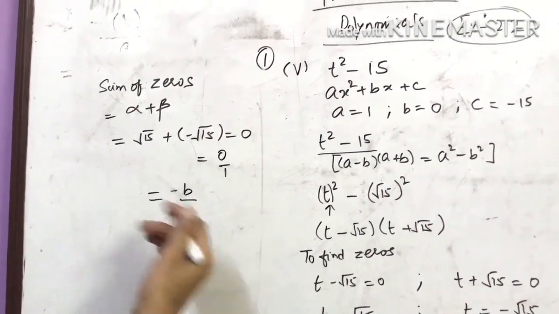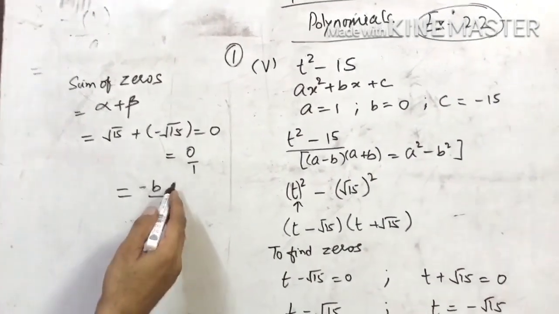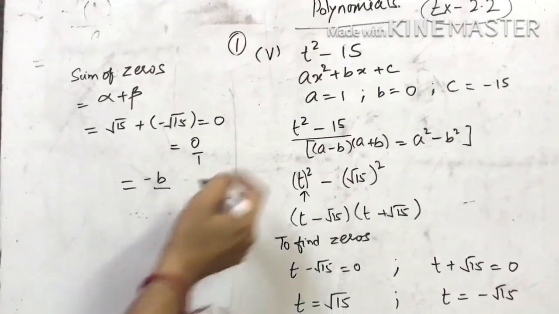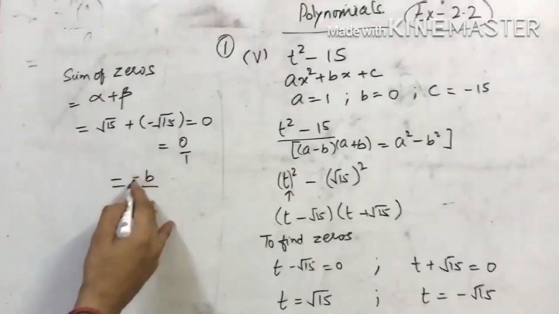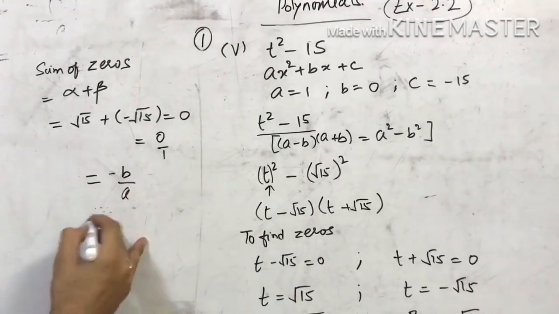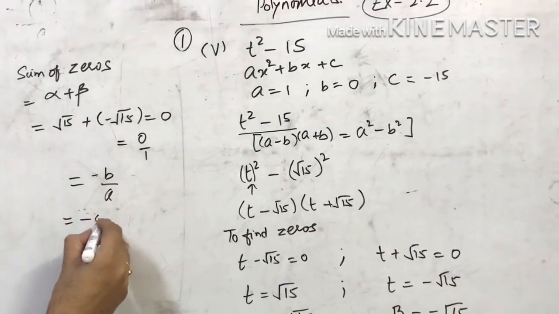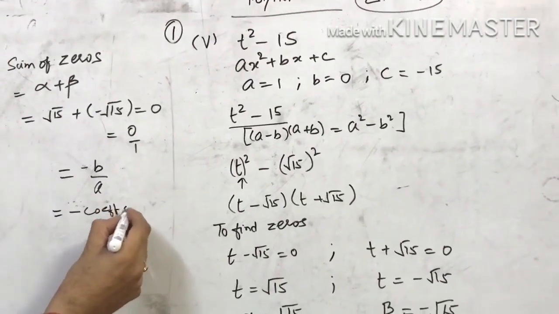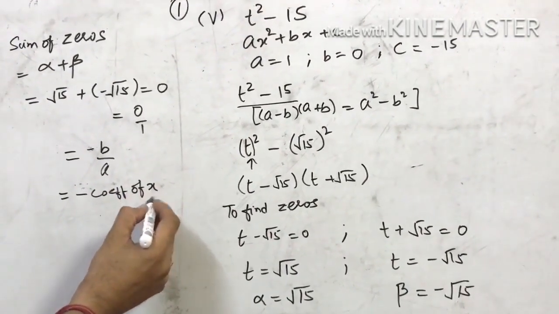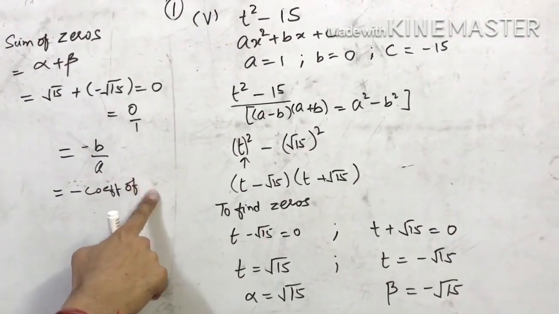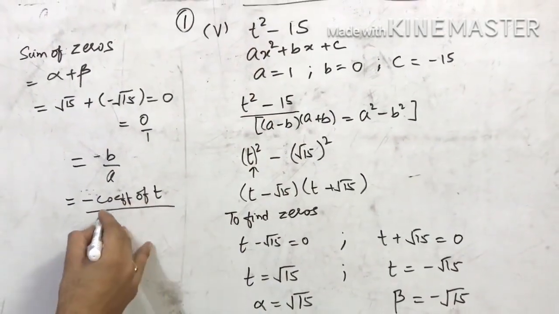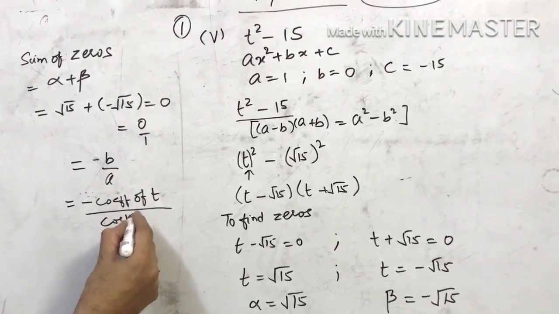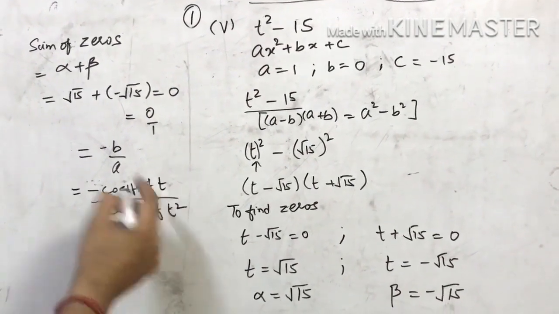It will not affect your question. So 0 is neither positive nor negative, so you can write down minus b over a. That means minus coefficient of x, in your case coefficient of t, because it is 0, over coefficient of t square.